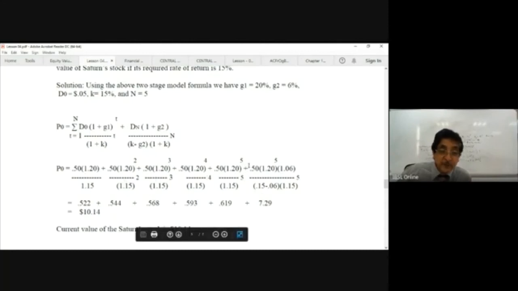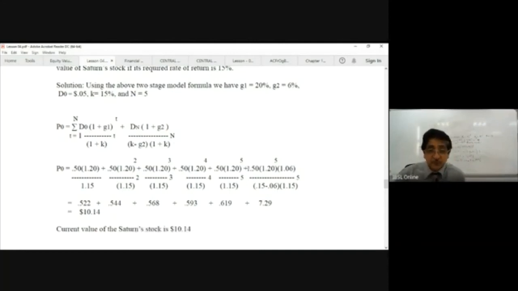And what happens at last? After 5 years, the dividend growth has become lower. It has come down from 20% to 6%. So then we are in a position to apply the one-stage dividend model. For the 5th year, if you want to put it in price terms, we can say it is P5.